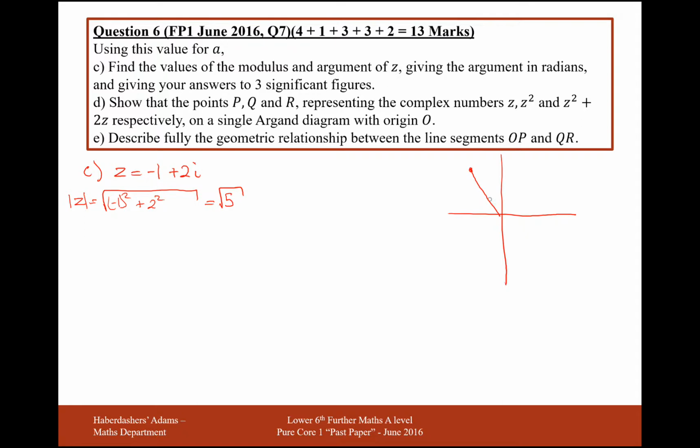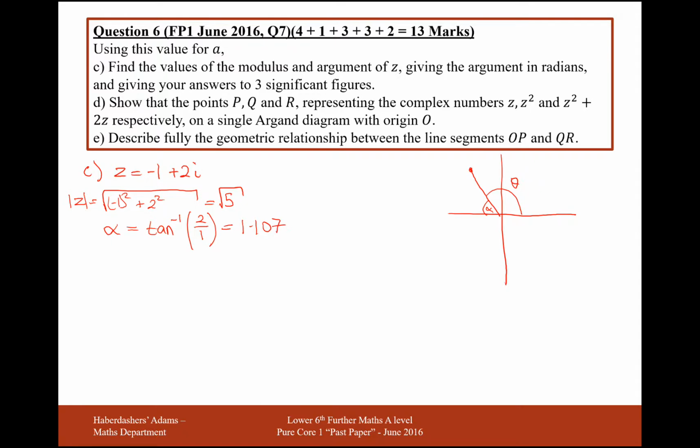And for the argument, we need to work out this angle around here. This is going to be our argument. So what I'll do first is I'll work out the angle on the inside, alpha. So that's going to be tan minus 1 of opposite over adjacent. And making sure my calculator's in radians mode, I get 1.107 there.